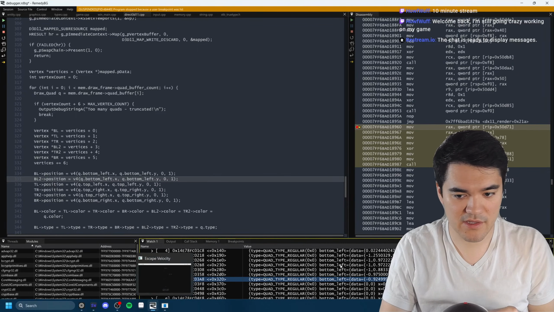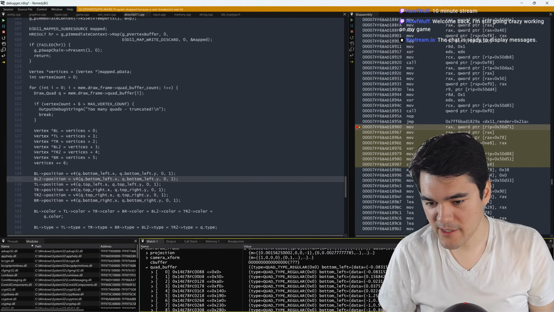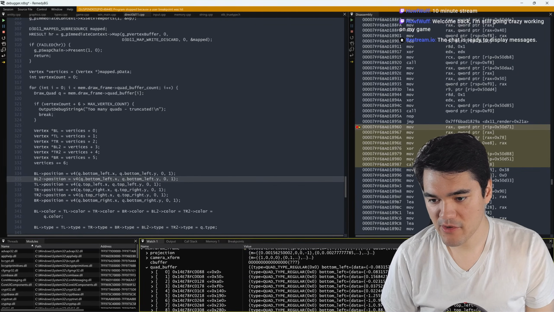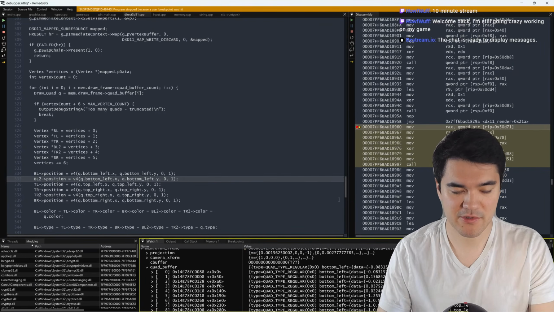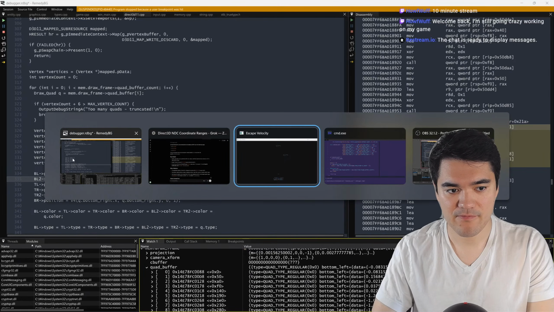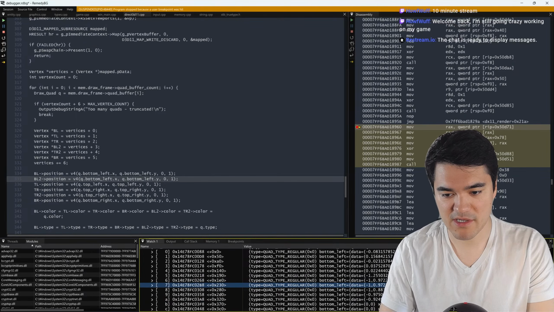But then why, when we draw these, are they not showing up? It could very well be that they are just too small still. That's an option. It does not look like they're getting culled, because they actually made their way this far into the pipeline.